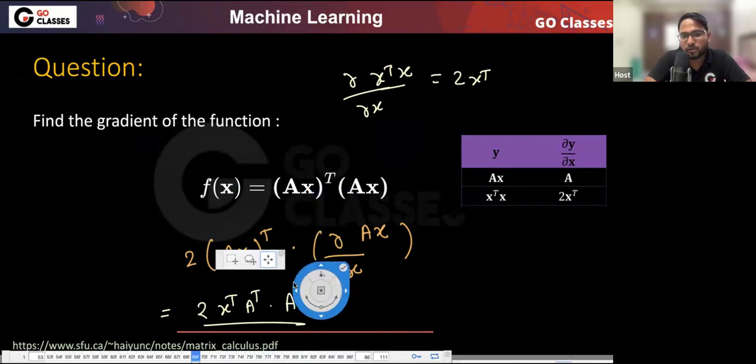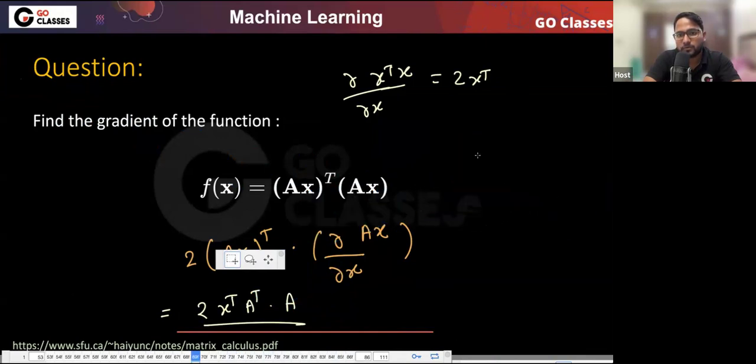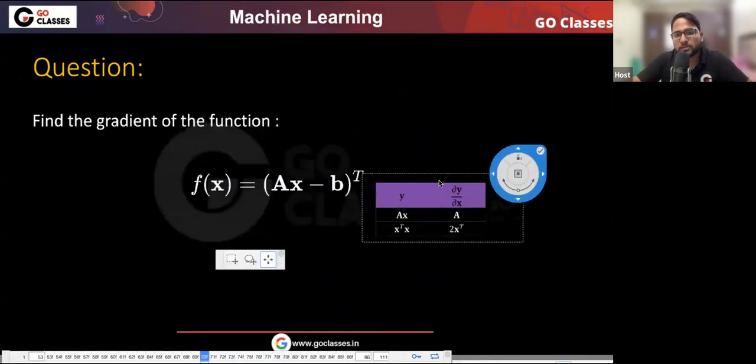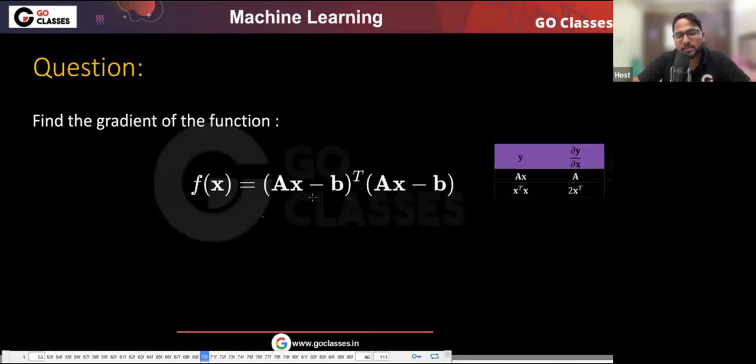Now let's do one more question, just one last question for our detour, and then we will come to whatever we want to do. Suppose I want to differentiate this f(x) with respect to x. Then let's just assume this whole quantity as an x, in the sense this is x transpose x.